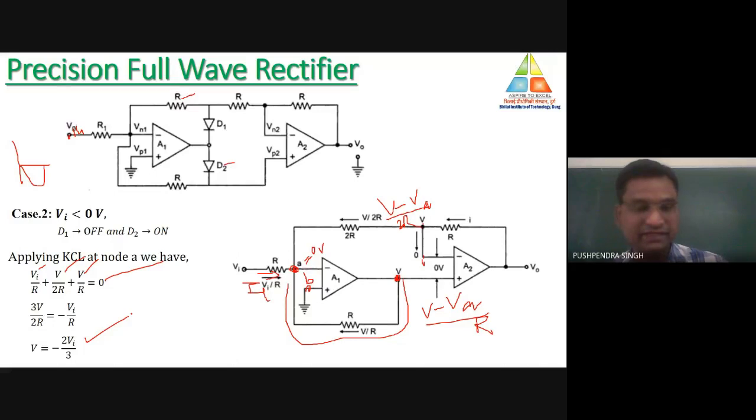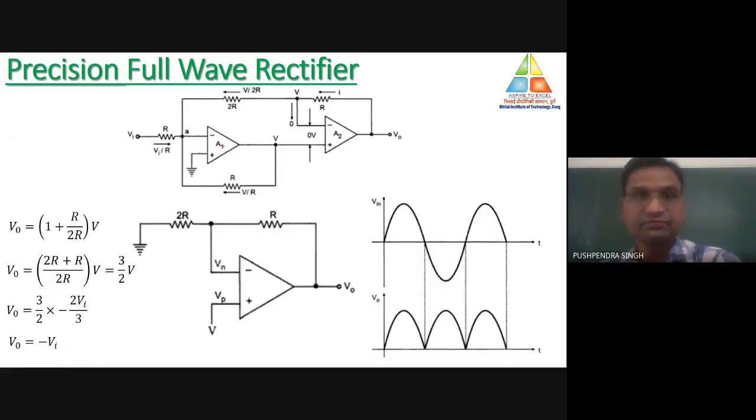So from there we have calculated the input voltage of operational amplifier 2. So we have calculated the value of this V. So what is the value of output voltage? Now again we are simplifying the input terminal of this operational amplifier number 2.